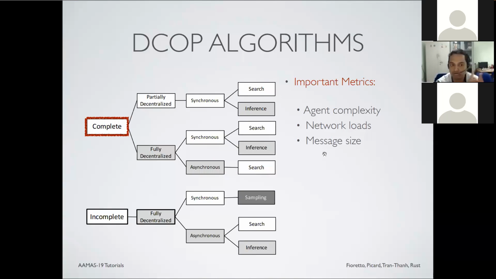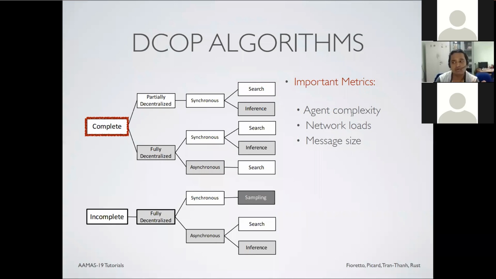When you talk about centralized approach, these two terms, that is network load and message size, will be of no use. When you talk about centralized approach, there is no question of network. There is no question of message. So these two metrics will not be of use.